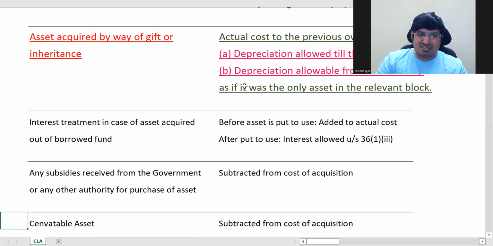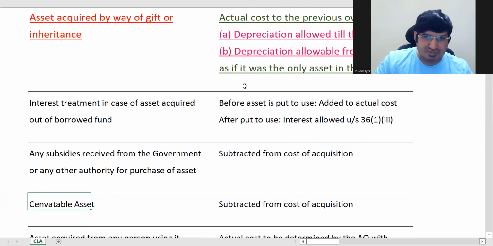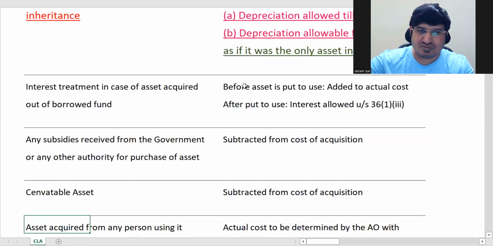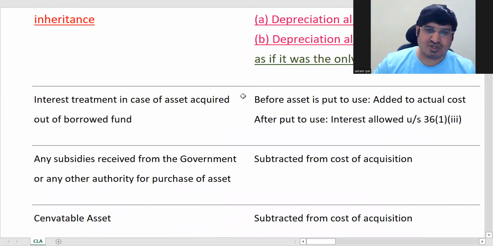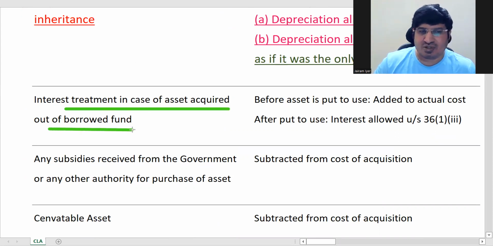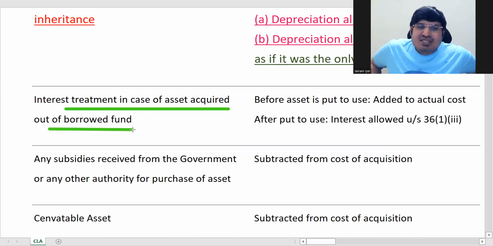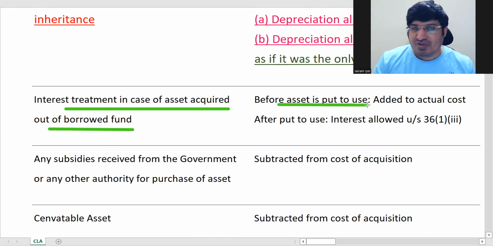Then next is interest treatment in case of an asset acquired out of borrowed funds. If you have taken a loan and purchased the asset, then before the asset is put to use, all interest is added to actual cost.